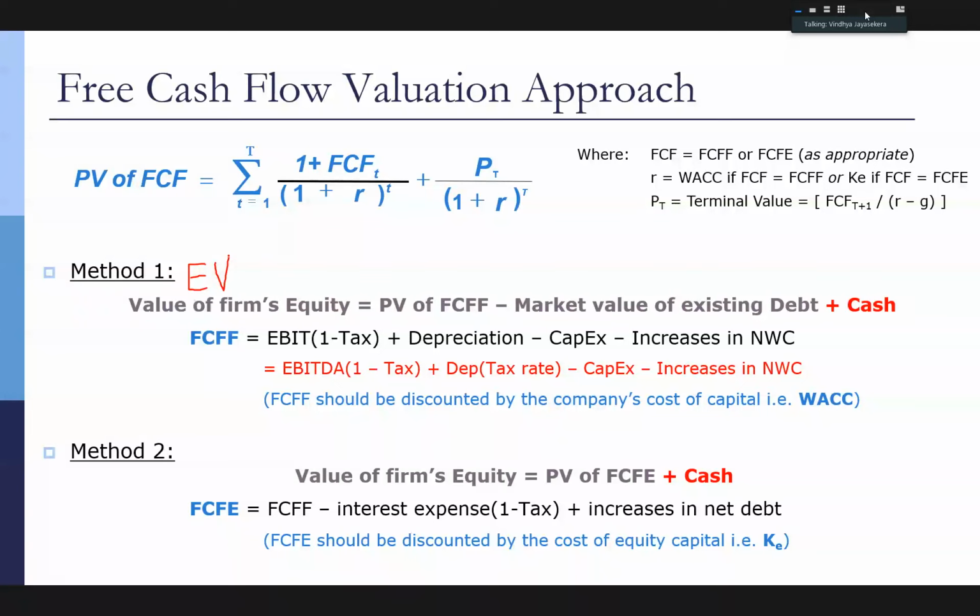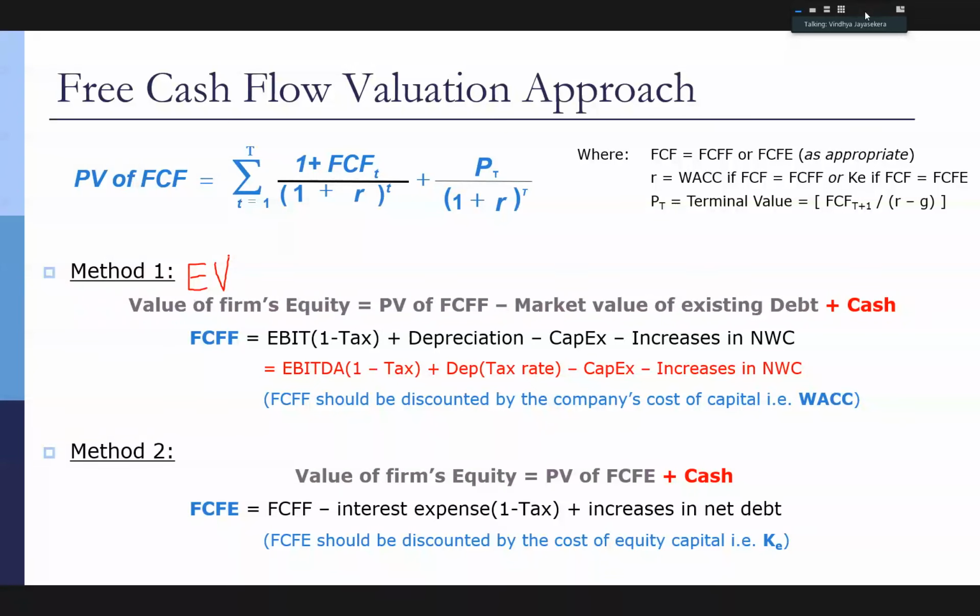Now, remember, the entire firm is made up of its capital structure. It gets money from its shareholders and it gets money from its creditors. And that's the money that it uses to generate profits.